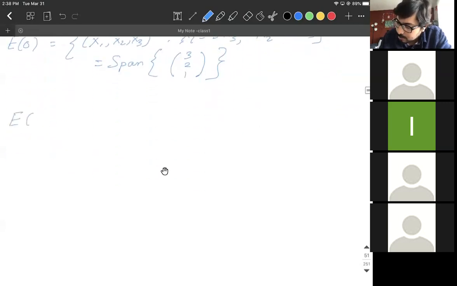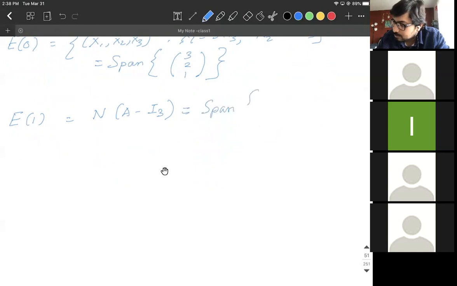Then the eigenspace for 1. So this is the null space of A minus just I3. So I'll just give you the final answer. So this is the span of 6, 3, and 1. So this completes this part.